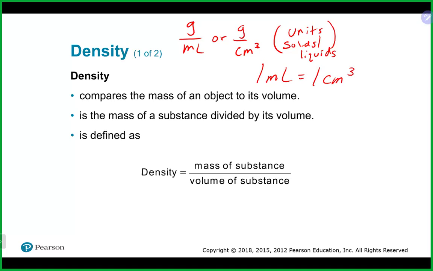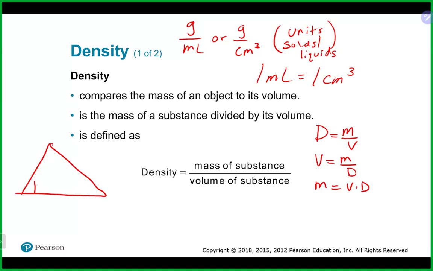Density is mass over volume. That is, D is equal to M divided by V. You could rearrange this and solve for volume. Volume would be mass divided by density, or the mass would be volume times the density. Some people like to remember everybody's favorite place, the DMV triangle.